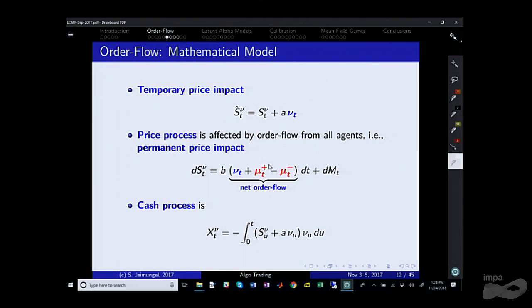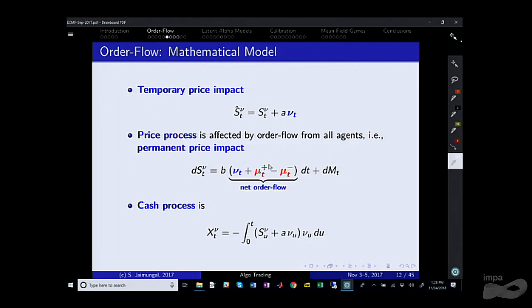So our order flow, if we're trading at a particular rate, nu is the rate that we will trade, the item in blue there. That's going to push prices up if it's positive, and push prices down if it's negative. Mu plus and mu minus are everyone else's trades, and we're going to be model agnostic as to what everyone else is doing.